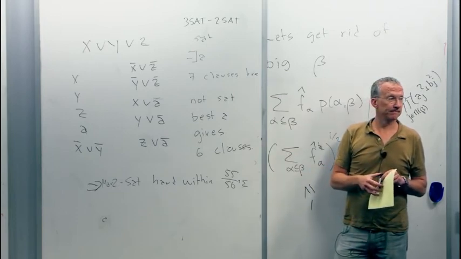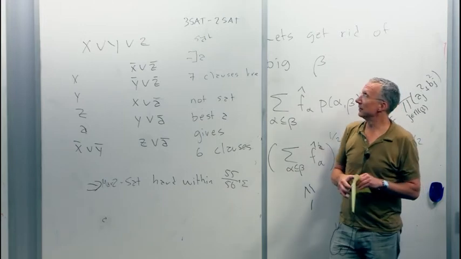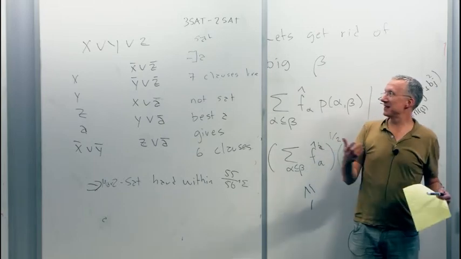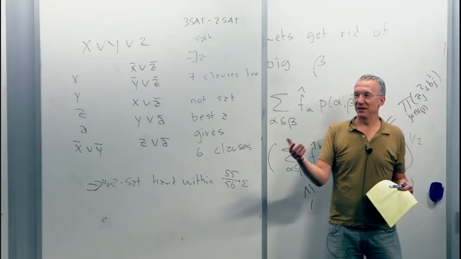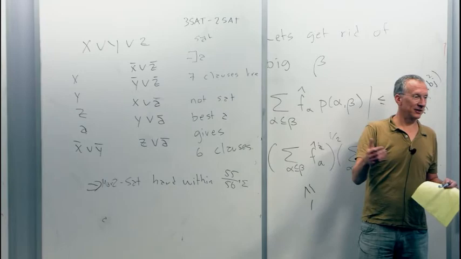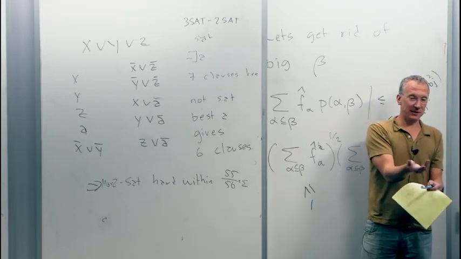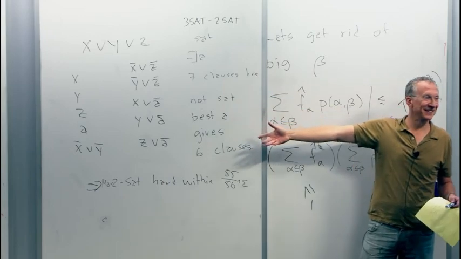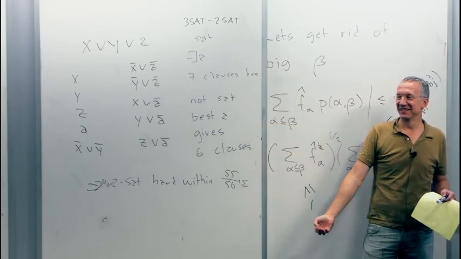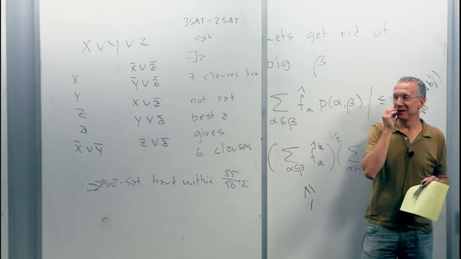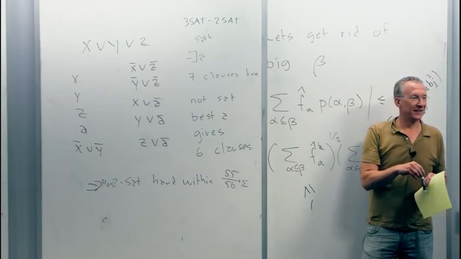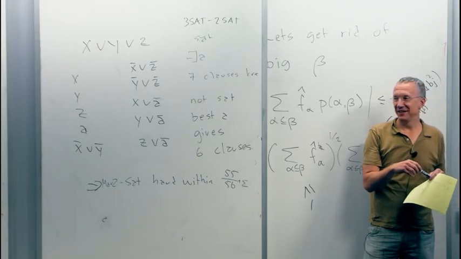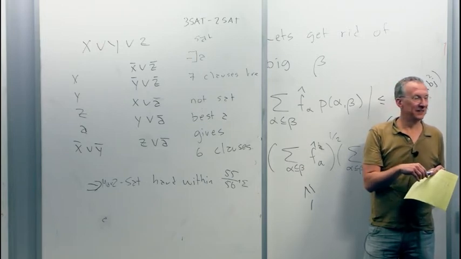Why are these called gadgets instead of just reductions? It's a reduction, but a very special, local type of reduction. It's not some big thing, you just write down this little thingy. The point is that you apply something very local to each clause. It's not a global reduction, you don't take linear combinations. I don't know of any global reduction.